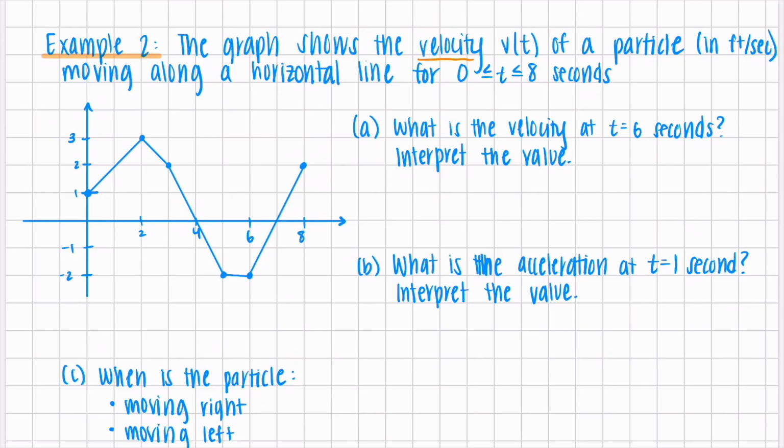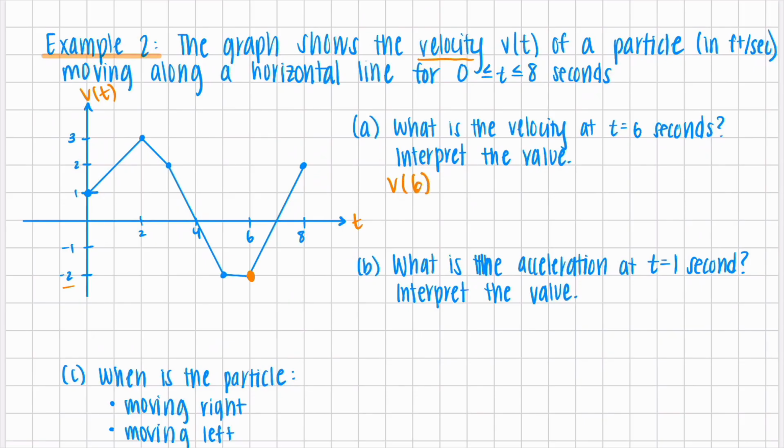Letter A, let's label this first. My x-axis is in t, which is seconds, and my y-axis is my velocity. Letter A says, what is the velocity at 6 seconds? So at 6 seconds, my velocity is right here, and that is negative 2.